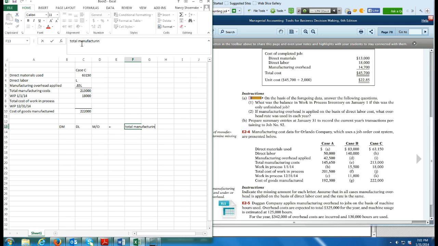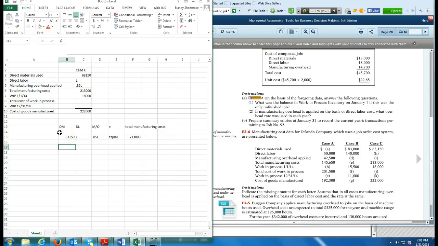Now hang in there with me, guys. Direct materials we know, $63,150. Direct labor, we're just going to say is L. Manufacturing overhead is 0.85 L. And all that needs to equal $213,000.